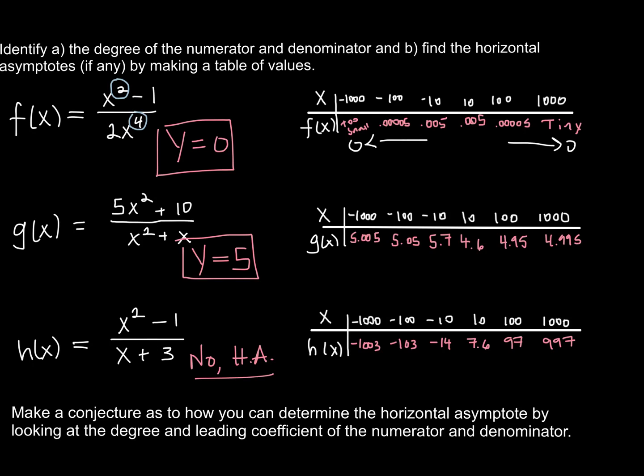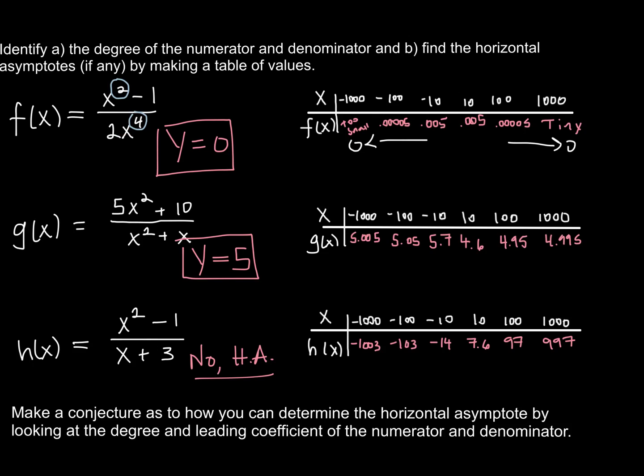So as x approaches positive infinity and negative infinity, the denominator is just going to dwarf the poor numerator, which means our values are going to get smaller and smaller, and we're going to get closer and closer to the line y equals 0. It's important to notice that when I raise something to the 4th, it's getting so much bigger, so much faster than when I raise something to the 2nd power.